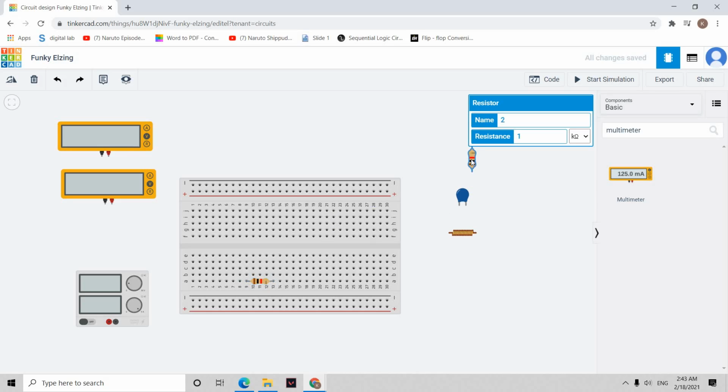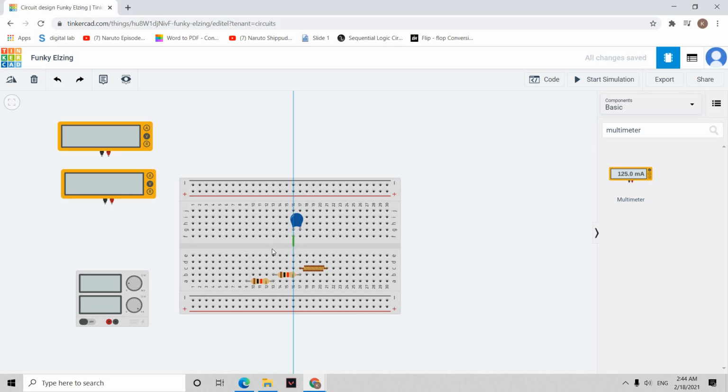The second resistor is in series with the first resistor, and the inductor is also in series connection with this resistor, so I'm going to place it like this. The capacitor is parallel to the second resistor and the inductor.